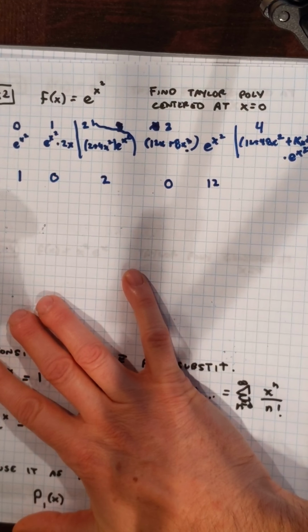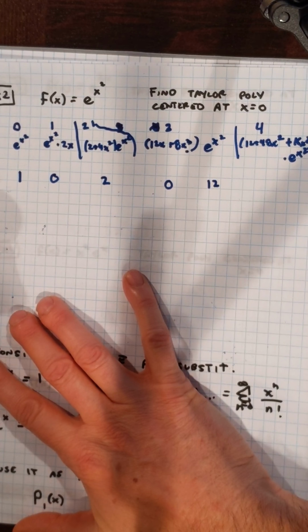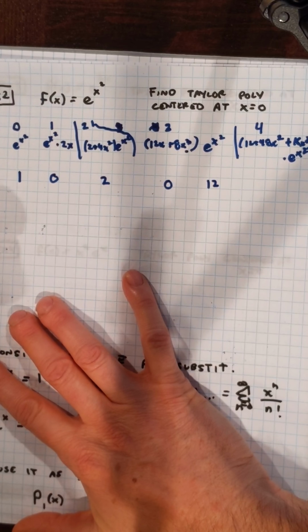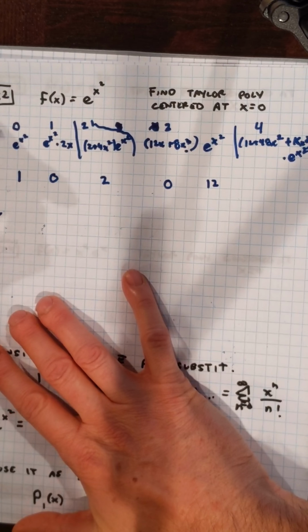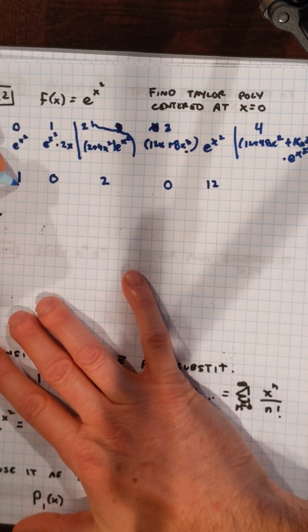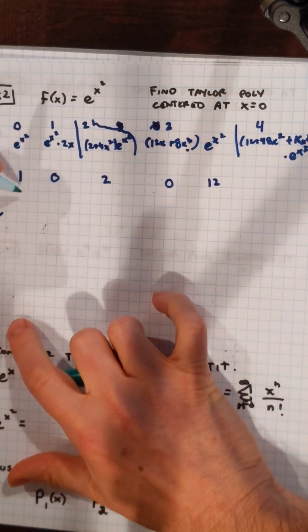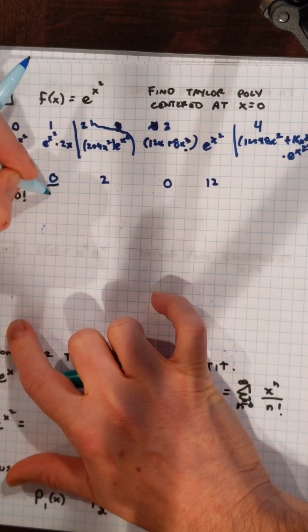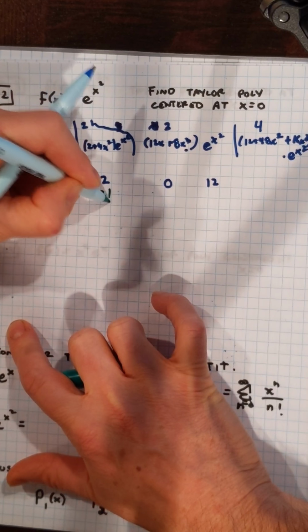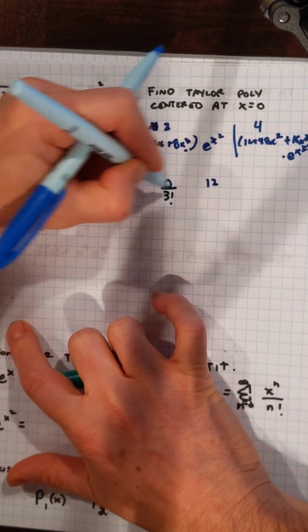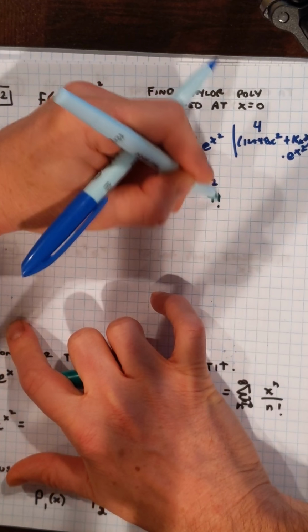Now the next phase is the coefficient stage. So now let's create the coefficients. The coefficients: divide this by 0 factorial, divide this by 1 factorial, divide this by 2 factorial, divide this by 3 factorial, divide this by 4 factorial.